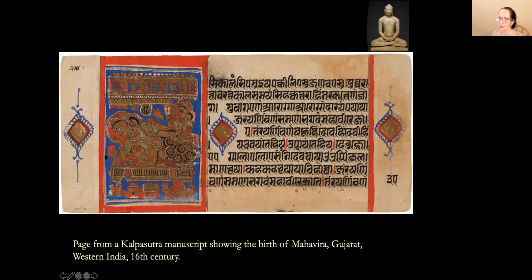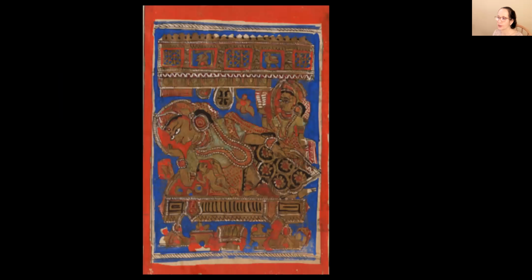And we continue to see this very flat treatment of form. Here's a detail. So you can definitely see, and presumably this is Indra here, observing. I assume so. I can't say definitely.